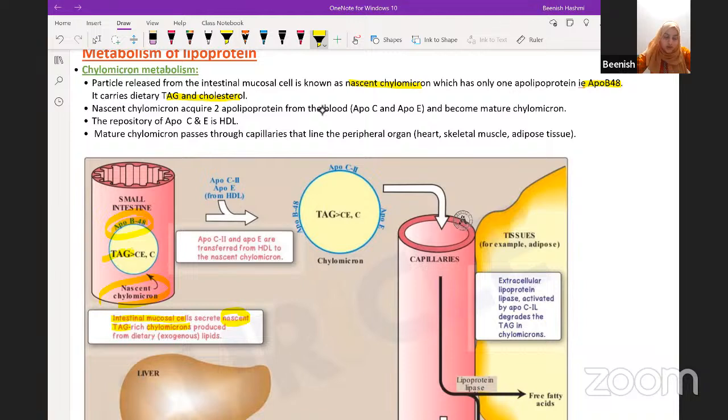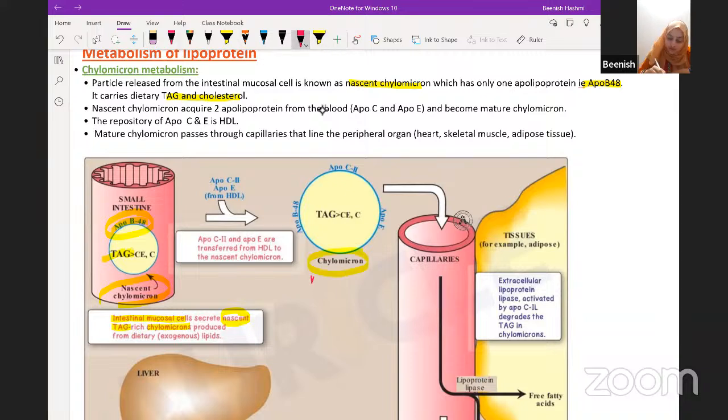Now what happens after the nascent chylomicron has been released by the intestinal cell? It acquires ApoC2 and ApoE. Where do these come from? They are given by HDL. As we studied, HDL is the reservoir for ApoC2 and ApoE. After receiving ApoC2 and ApoE, the nascent chylomicron becomes a mature chylomicron.